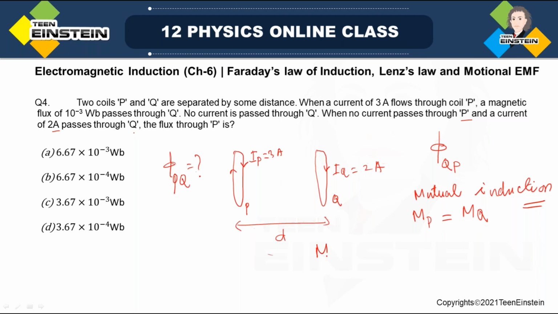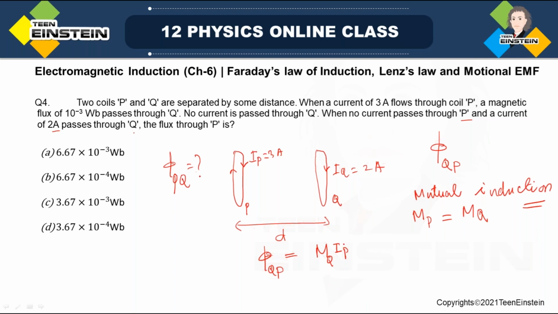And you know this phi. See, mutual inductance. What is the definition of mutual or self inductance? Phi, the flux, is the coefficient of mutual inductance into the current. So if I write phi in Q, it is produced by the current flowing in P. So this is how we can write: phi is equal to Li or Mi.